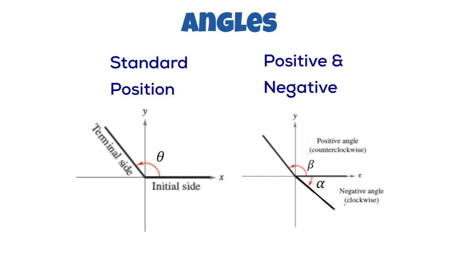So positive means you wrap counterclockwise, negative means you're going clockwise. To distinguish those, you put this little arrow. We will typically default to a positive angle measurement, but we also will have angles that wrap around multiple times, and you have to have this arrow to show that. In this case, the arrow is showing that it's going backwards, so that's a negative angle. That's what those arrows are for.